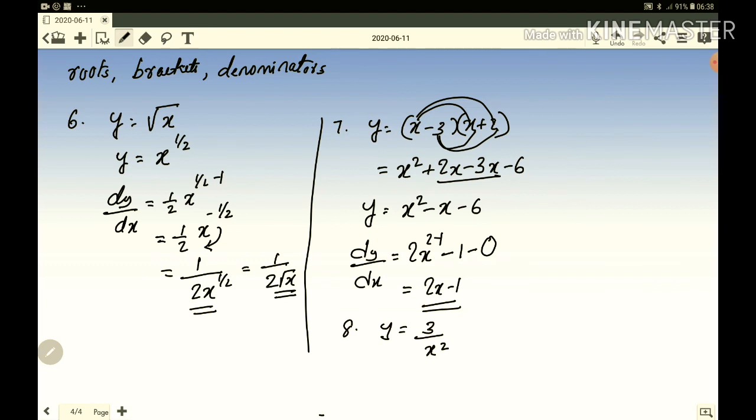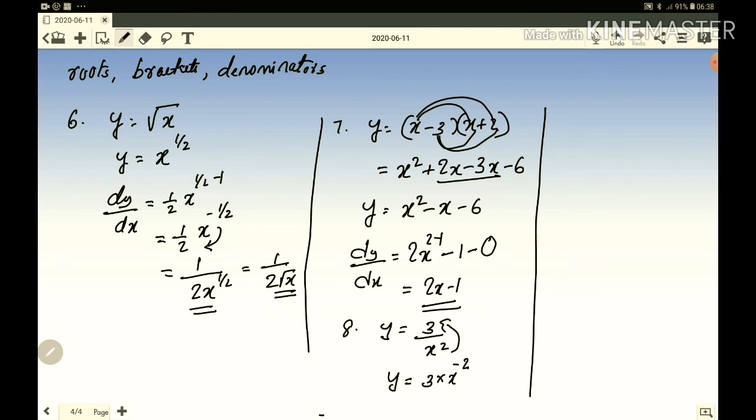But you studied that one, what change you have to make when it goes up. The sign of the power will change, right? So I'm just rearranging. Again, I'm writing y equals 3 times x to the power minus 2. You see that I just took x to the numerator. So now it is ready for differentiation.